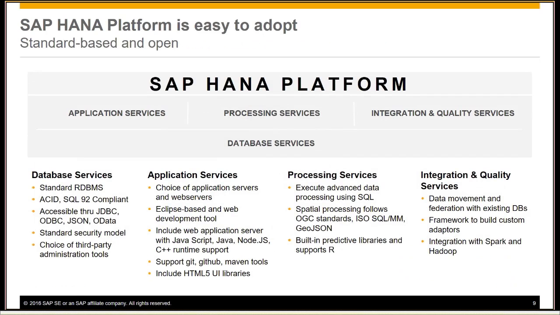So with that said, let me provide you a deep dive into the various services that I have highlighted within the platform. To begin with, database services. As I said, it is a completely ANSI compliant, ACID compliant platform technology.